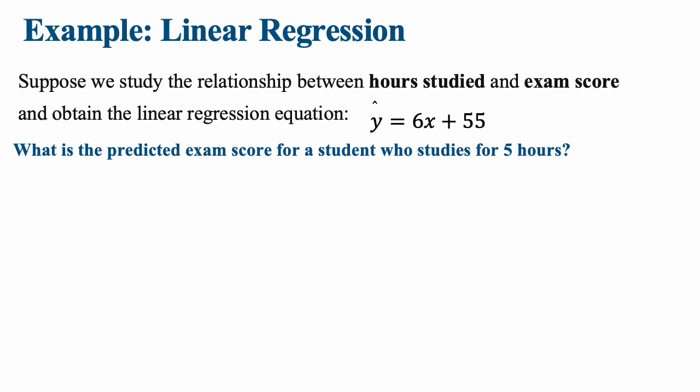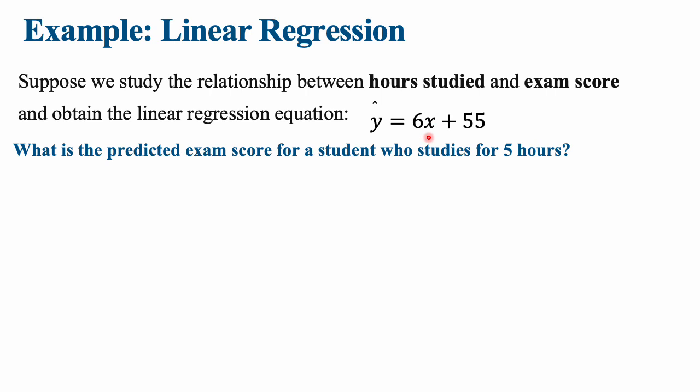Let's have example 2, on how we can use the equation of linear regression. We study the relation between hours studied and exam score, and we have the equation y hat equals 6x plus 55. They ask: what is the predicted exam score for a student who studies for 5 hours?